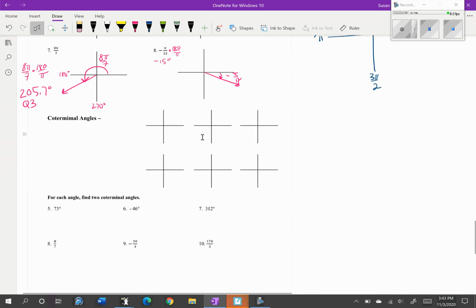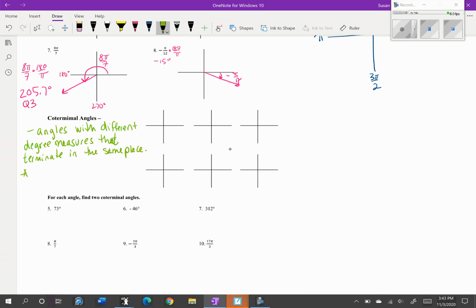So the next thing we're going to talk about is coterminal angles. Coterminal angles are angles with different degree measures that terminate in the same place.